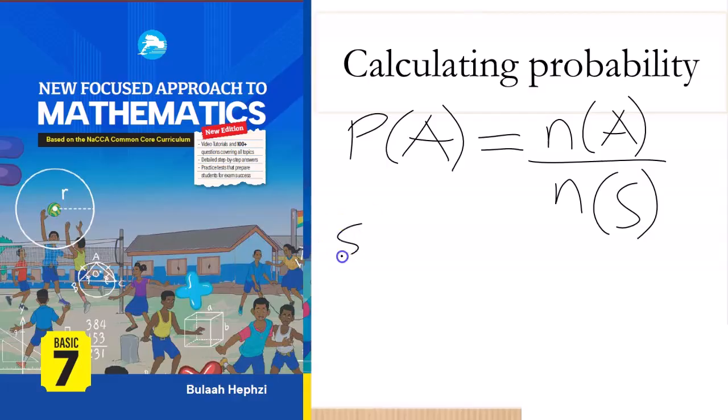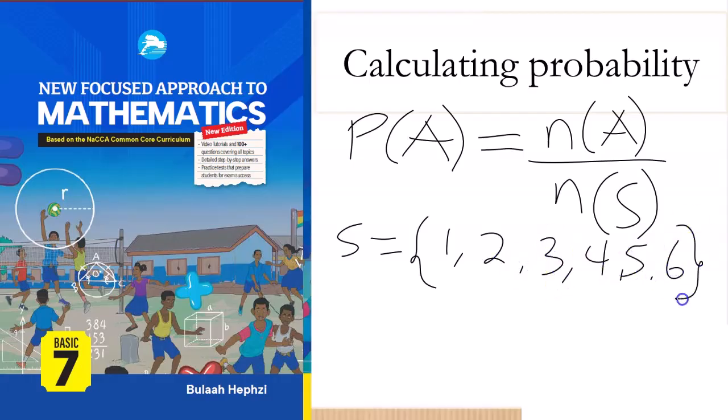For example, we have a sample space of throwing a die, which is 1, 2, 3, 4, 5, 6. If I ask what's the probability of getting a number greater than 4, that means the number greater than 4 becomes my event. So I can call the event E as 5 and 6. These are the numbers that are greater than 4.